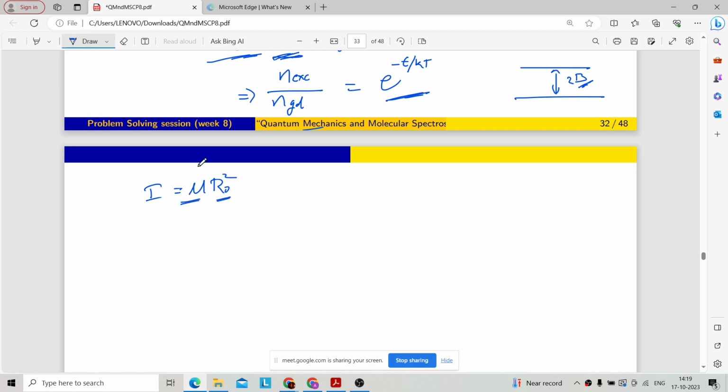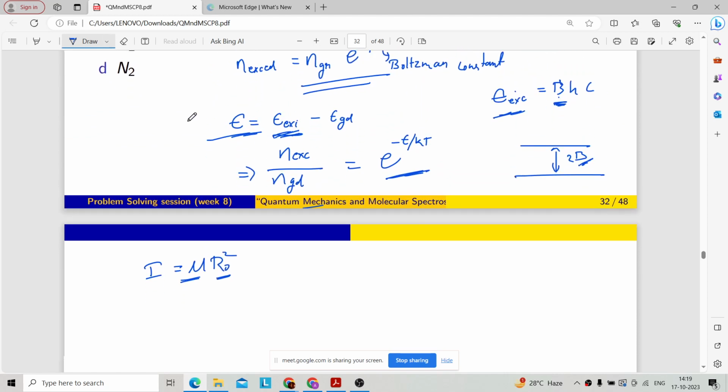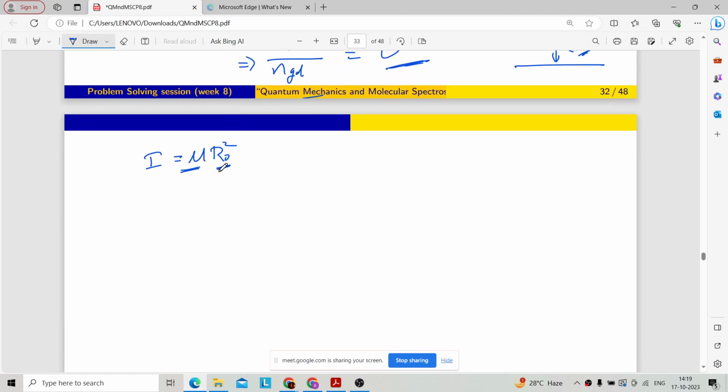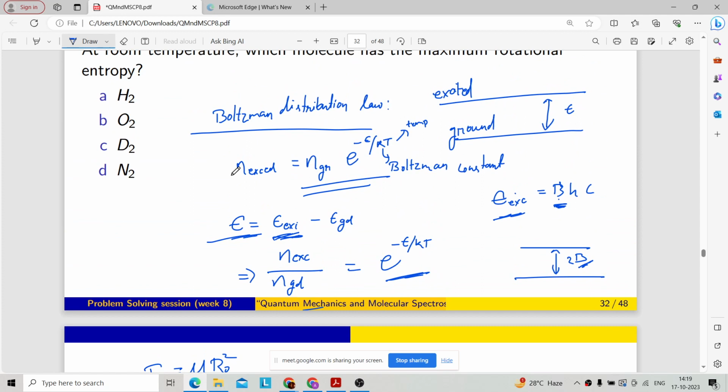As these are molecules, the bond length difference between these molecules will be very small. Like if the bond length for the hydrogen molecule is some Angstrom, then for the oxygen molecule it will also be some Angstrom, the same order.